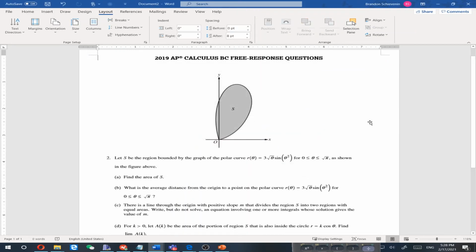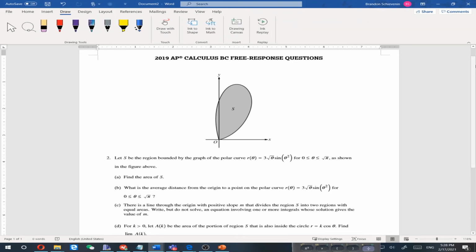Alright, hopefully this will let me write on top of this without actually moving that object as a mouse.